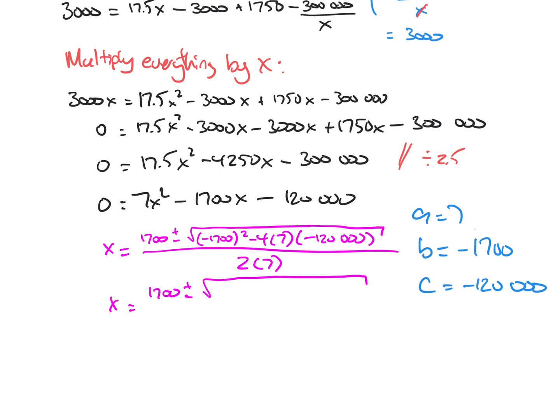1,700 squared is 2,890,000 plus, 28 times 120,000 is 3,360,000, all over 14.